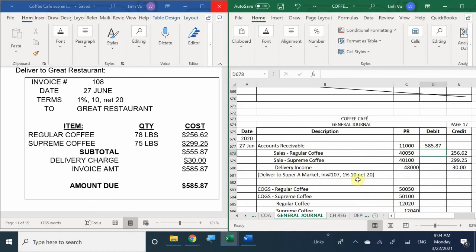Change my notes here. Who did we deliver to? The Great Restaurant. Okay, invoice number 108. Terms 1% net 20. Okay, good.